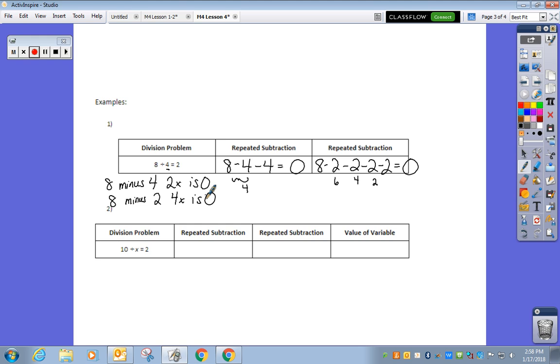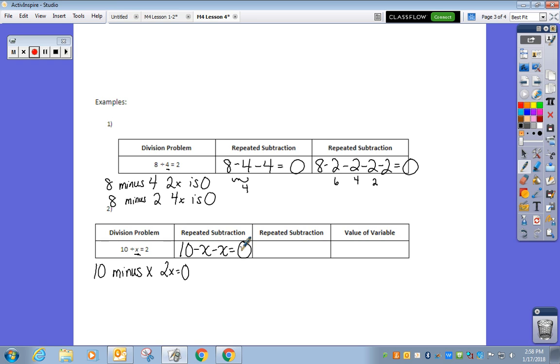So now we're going to bring some variables in. When we do it with variables, we can look at this as 10 minus x 2 times is 0. So 10 minus x, 2 times is 0.